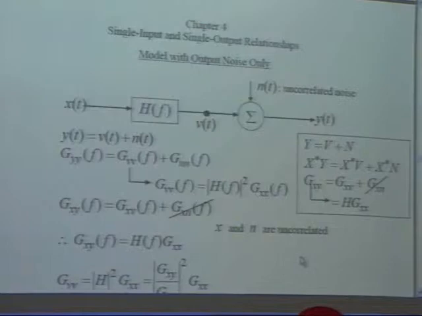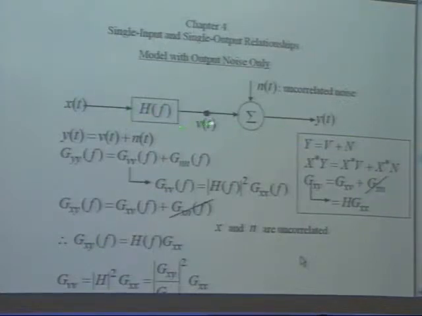Gxn is equal to 0. Why? What's the reason? The N is uncorrelated noise. That's why the spectral function which includes N noise is equal to 0. So you can tell Gxy is equal to Gxv.